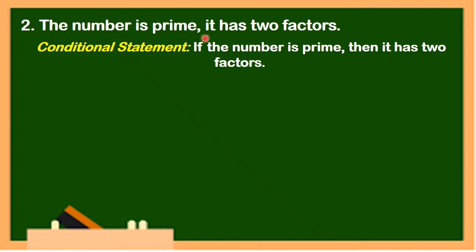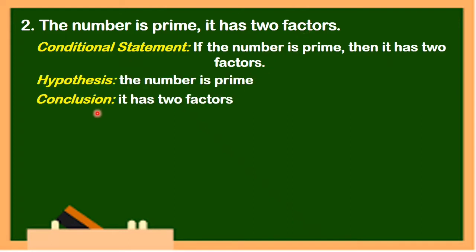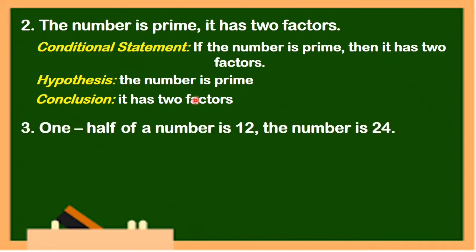The first phrase, you just add if to make it an if statement or a hypothesis. Then it has 2 factors. You just put then to this phrase. So the hypothesis is the number is prime, and the conclusion is it has 2 factors.